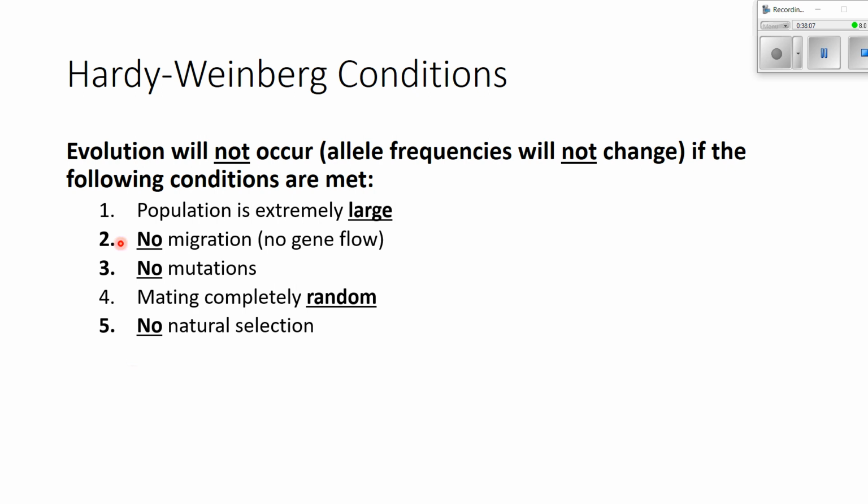Therefore, if all 5 conditions are met, evolution is not occurring. We know that's never going to happen. We know allele frequencies are going to change, and this just helps us figure out where to look to try to understand what is making those allele frequencies change.